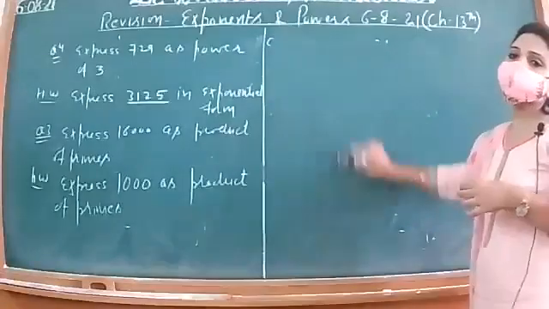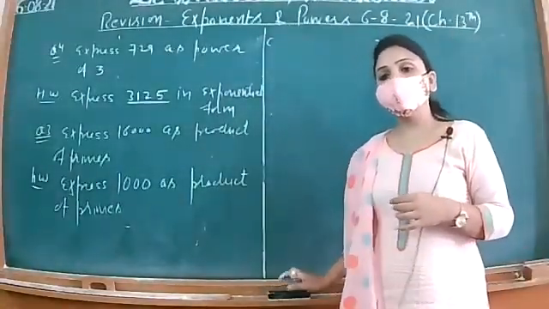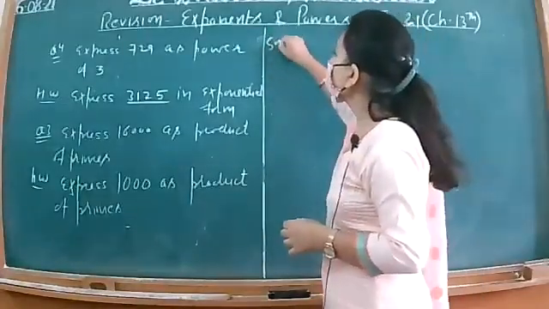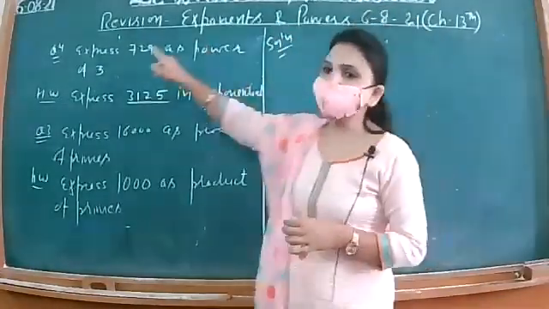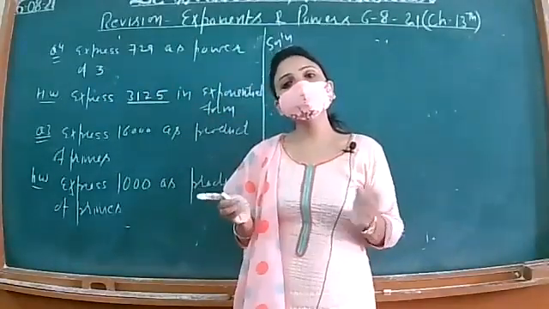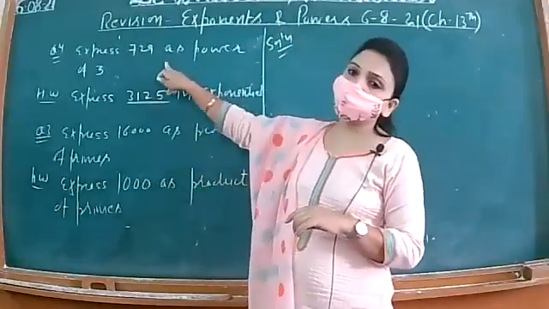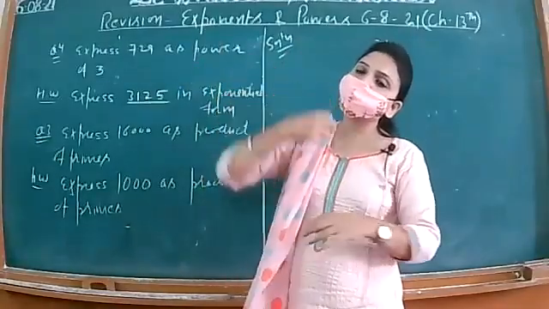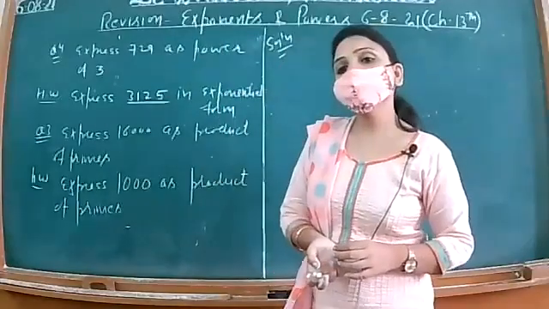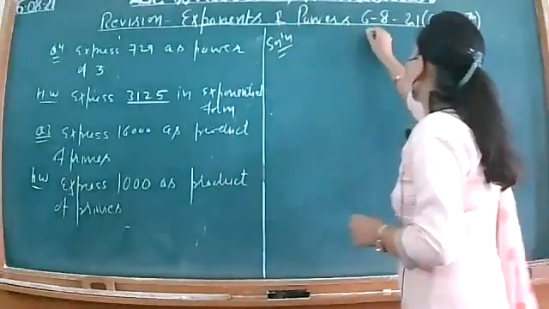When you are expressing a number as the power of another number, one thing you will keep in mind: if it says express it as a power of 3, you will do the LCM division with 3 only. Otherwise, this number is divisible by 9 as well. But as we have to make it a power of 3, we will take the LCM with 3 only.